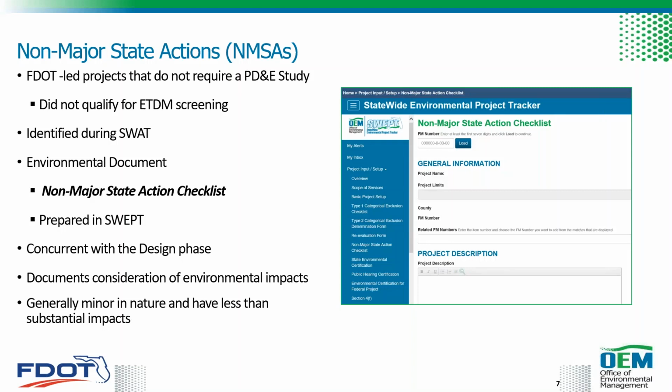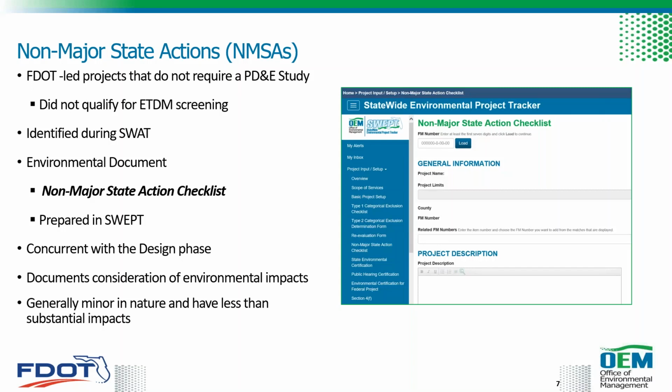They're going to require an environmental evaluation and completion of a non-major state action checklist. This is completed using the statewide environmental project tracker called SWEPT, and they're typically prepared during the design phase.